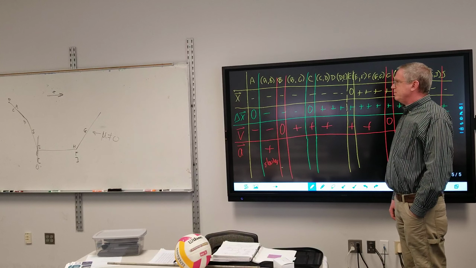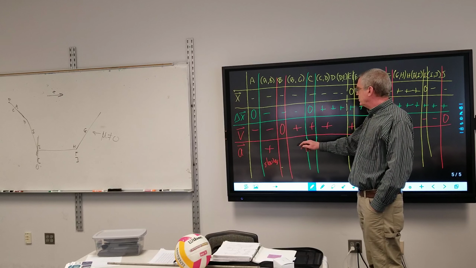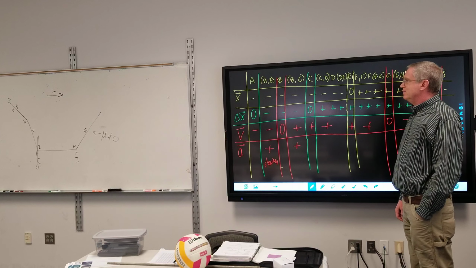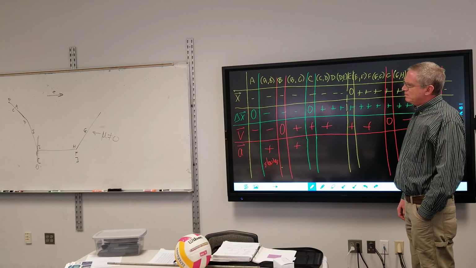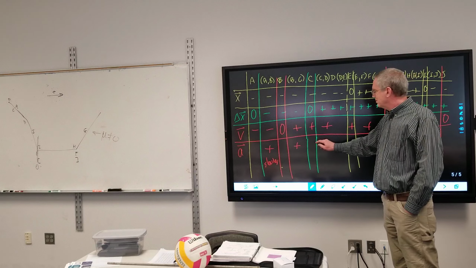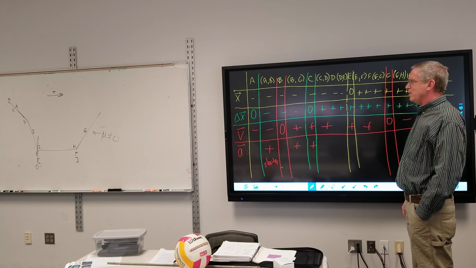What about from B to C? Okay, so it's speeding up, so same sign. At C, is it still speeding up? Yes. Keep going. When does it stop speeding up?